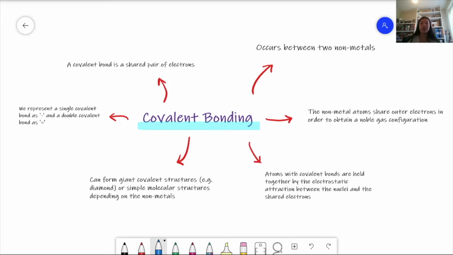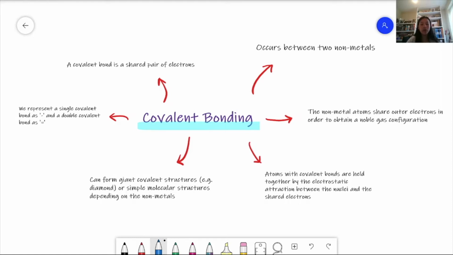Whereas in ionic bonding, the electrons are being transferred, they're being donated. But in covalent bonding, the electrons are shared. So this happens between two nonmetals. They share the outer electrons in order to obtain a noble gas configuration. So again, the atoms want a full outer shell to be more stable.